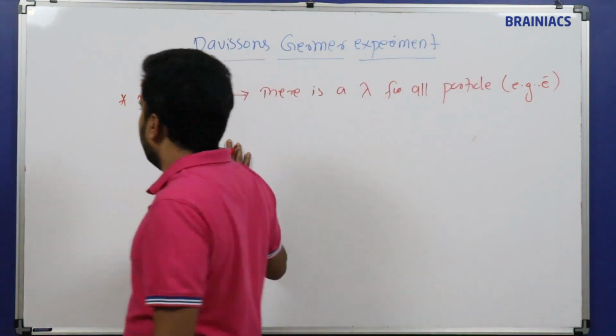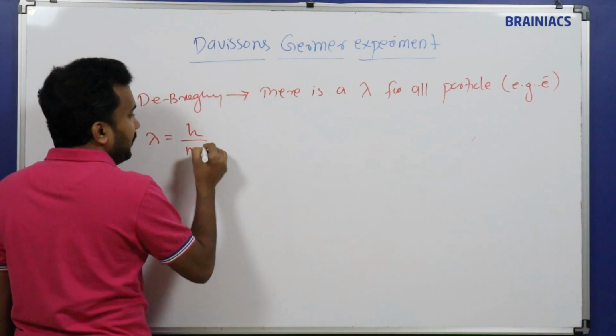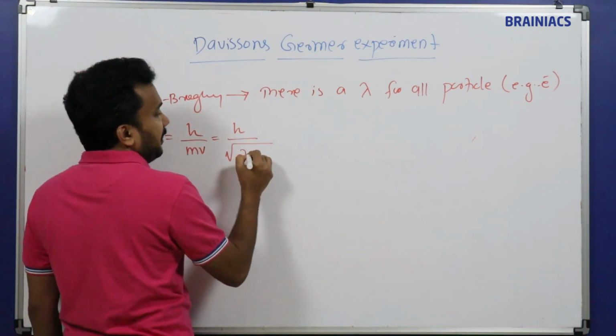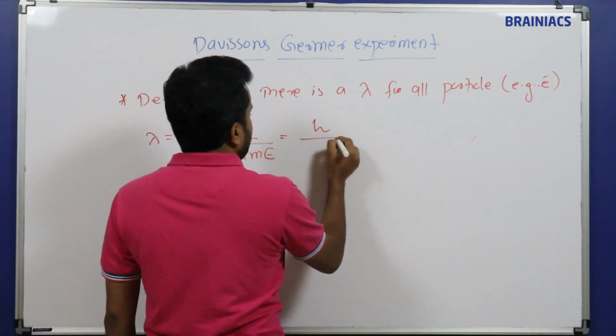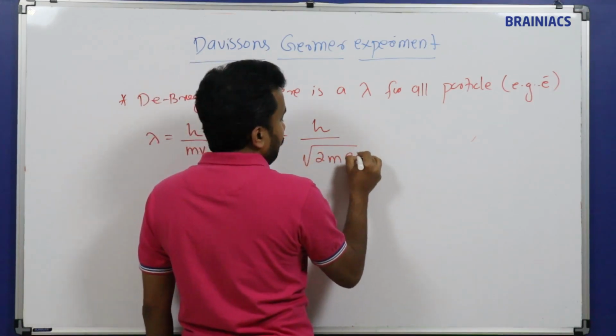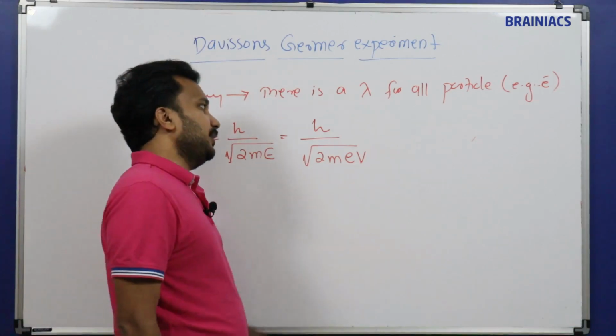He defines the de Broglie wavelength, lambda is equal to h by mv, which is equal to h divided by momentum, that is h divided by root of 2mE, and if it is an electron, then h divided by root of 2m eV. Energy is qV, so eV.